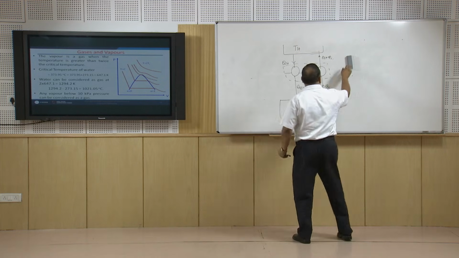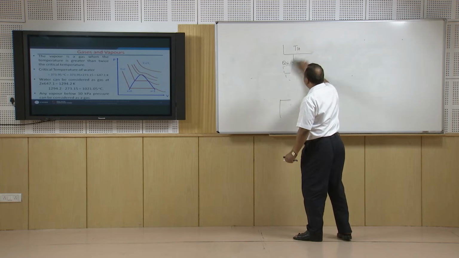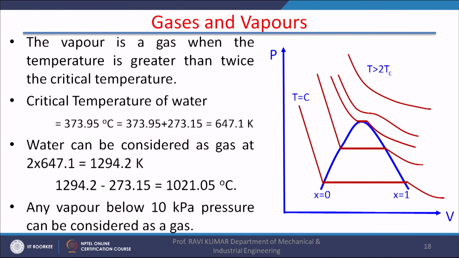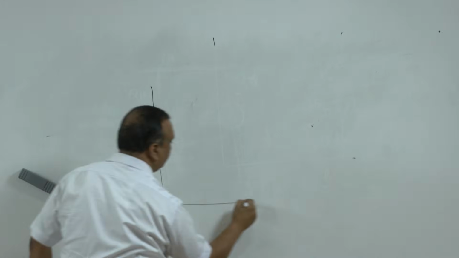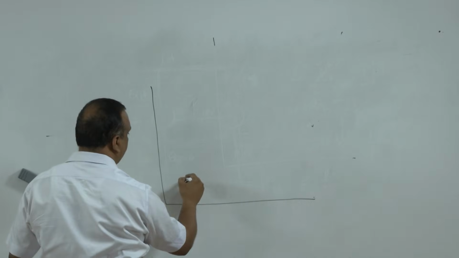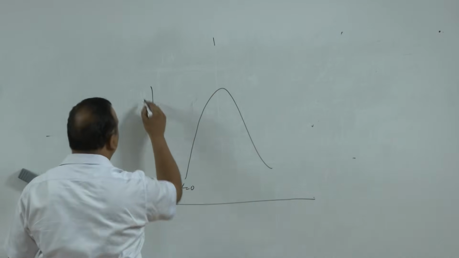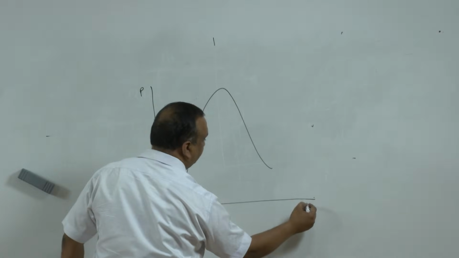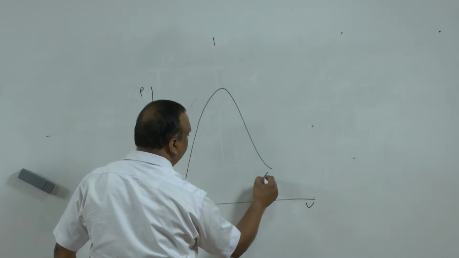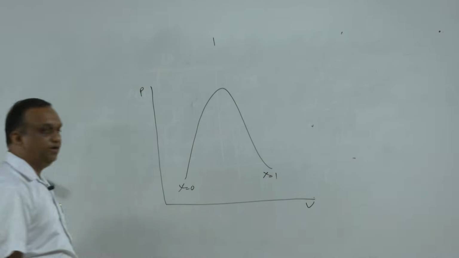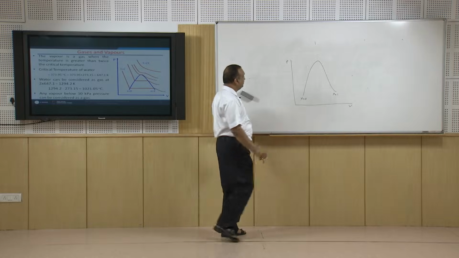Now there is often confusion about gases and vapors and their behavior. A vapor does not follow the ideal gas equation. If you look at a typical PV diagram, here quality is 0, this is pressure, this is volume, and this is quality 1.